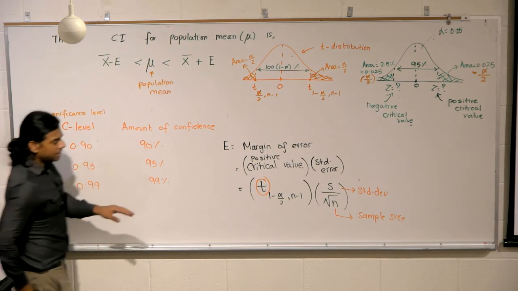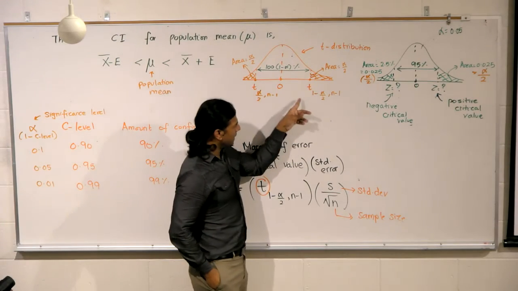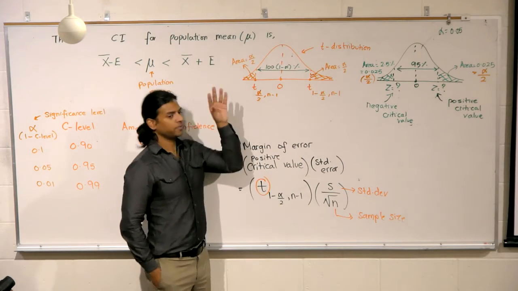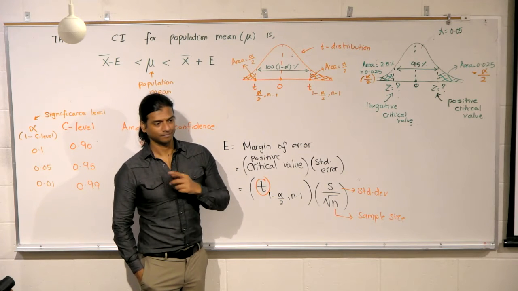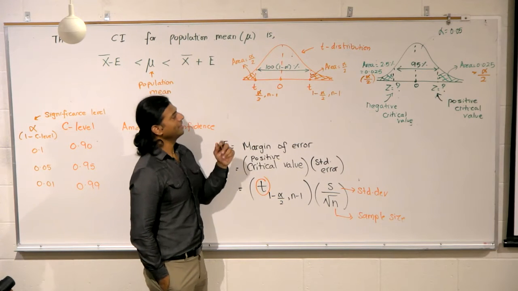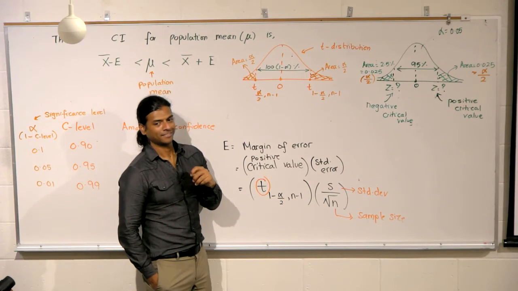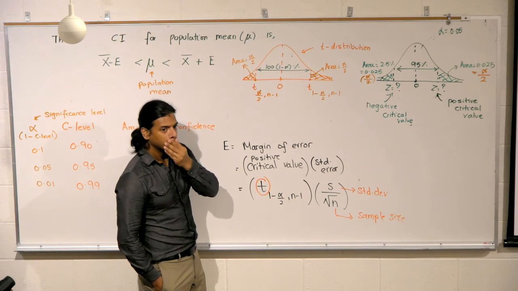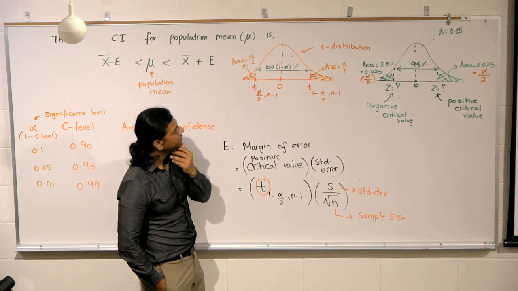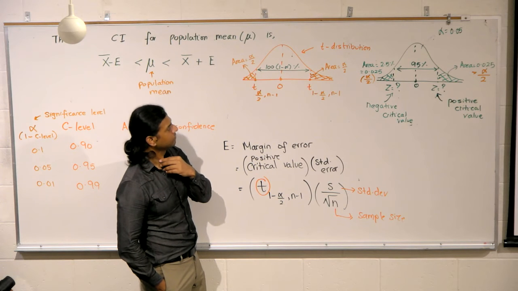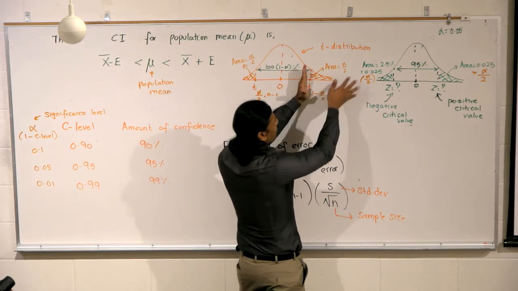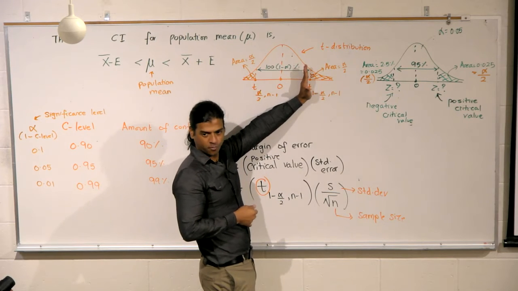Can someone tell me as to why I wrote it as 1 minus alpha over 2 and alpha over 2 here? It all adds up to the point that you need to take away the alpha on the side, essentially. So all I'm doing is I'm taking away the alpha over 2 from what?